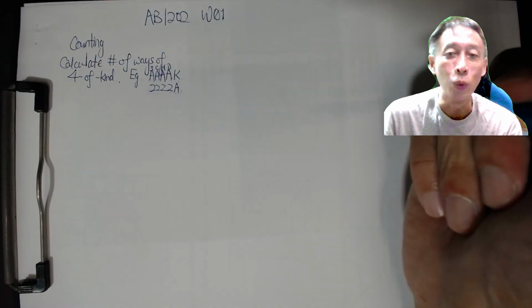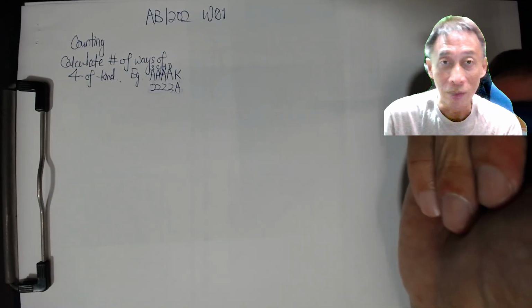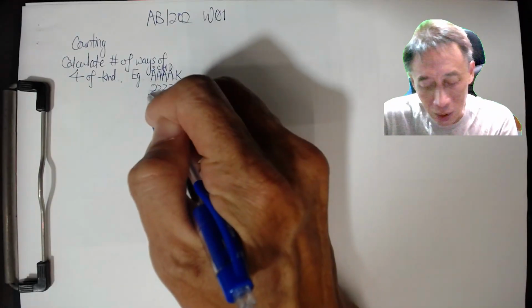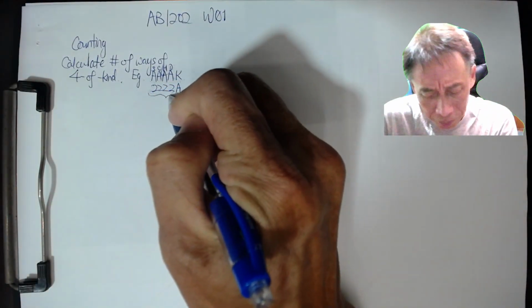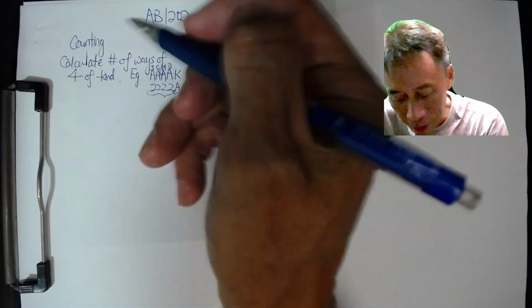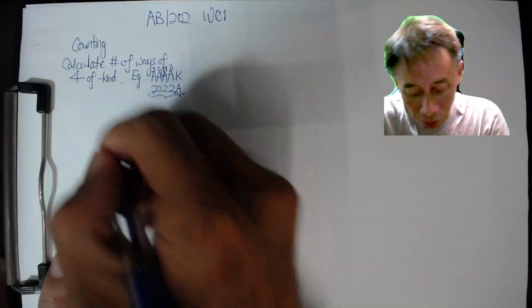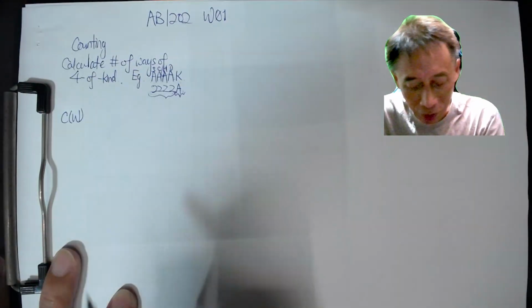So we just need to consider the number of ways to get the four of a kind and then the last card. We will count the number of ways to get what we want. Let W be the event of four of a kind.